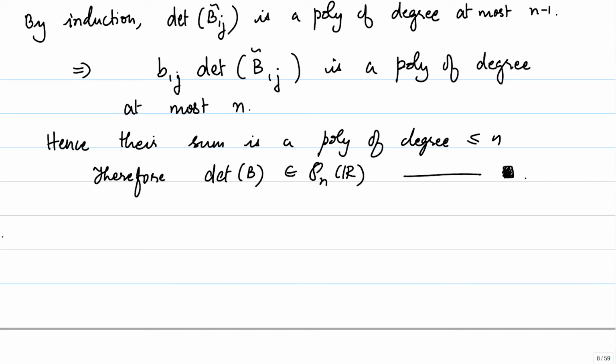So as an immediate corollary, let A be an n cross n matrix with real entries.